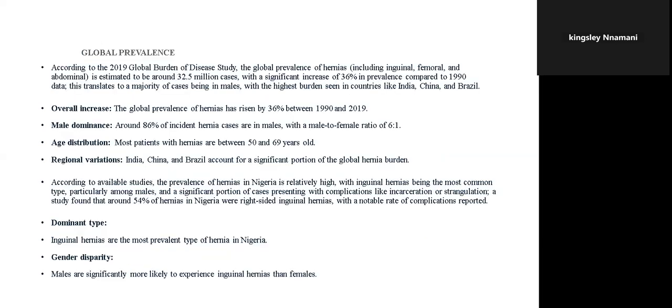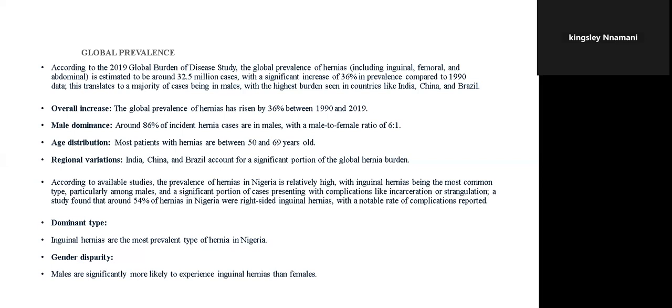So all of these hernias, as a matter of fact, we find them globally. So even in Nigeria, there's a high prevalence of hernias. We must not shy away from that fact. Around 54% of hernias were considered to be mostly right-sided inguinal hernias, 54%.